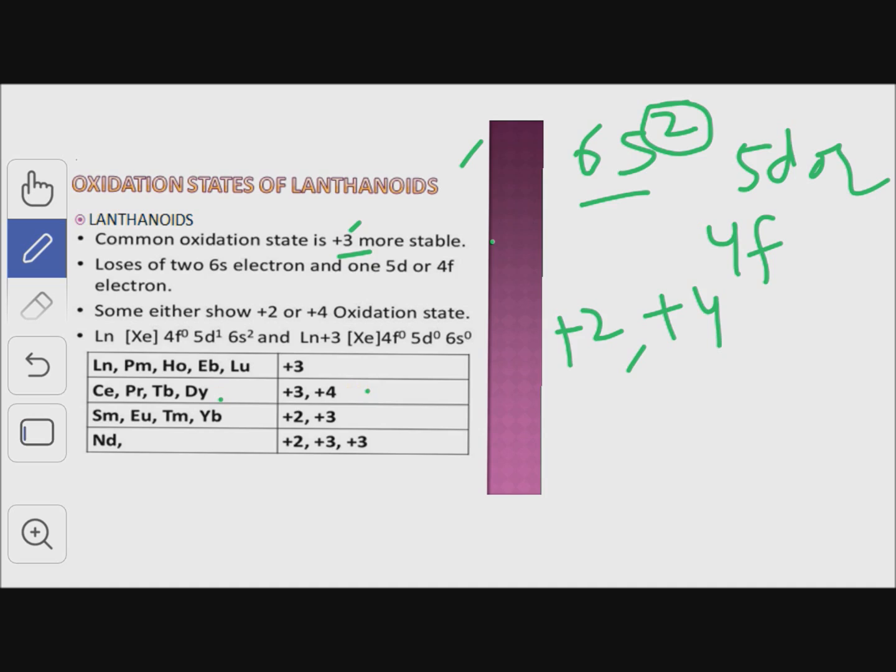Holmium, erbium and lutetium show +3 oxidation state, which is the more stable oxidation state. Samarium, europium, thulium and ytterbium show +2 and +3 oxidation states, and neodymium shows +2 and +3.